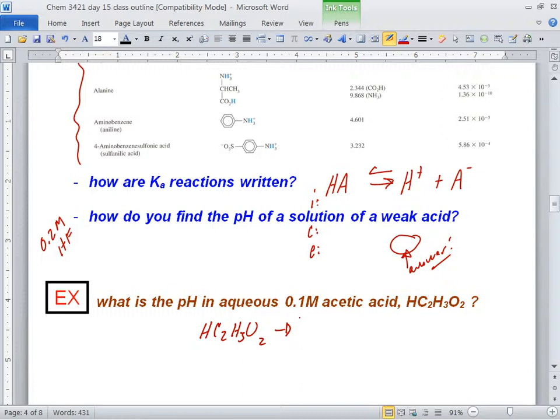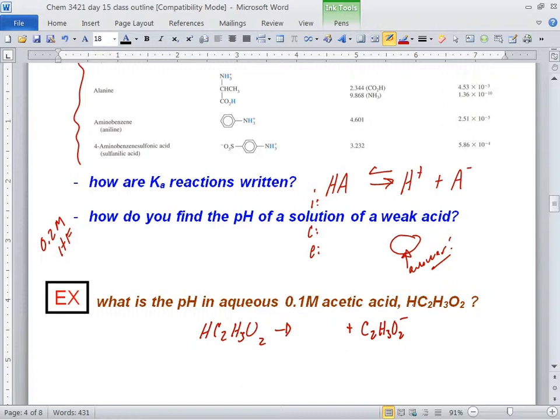C2H3O2, and that's my A minus part, plus... Well, hang on. We want to get it into this format because we want to do ICE on it. So this format says HA, H plus plus A minus.